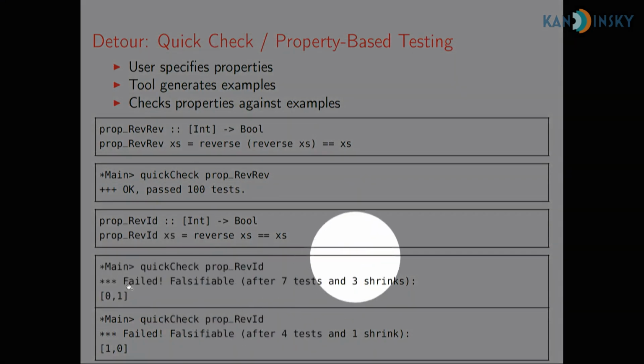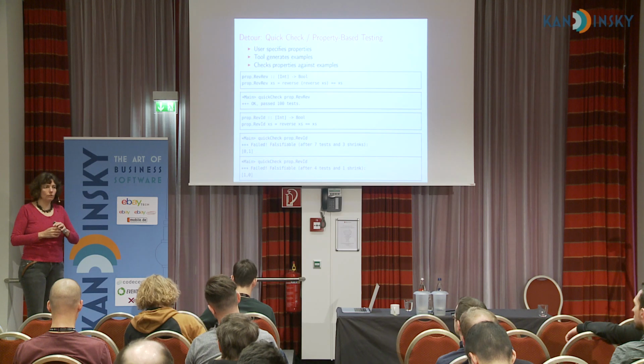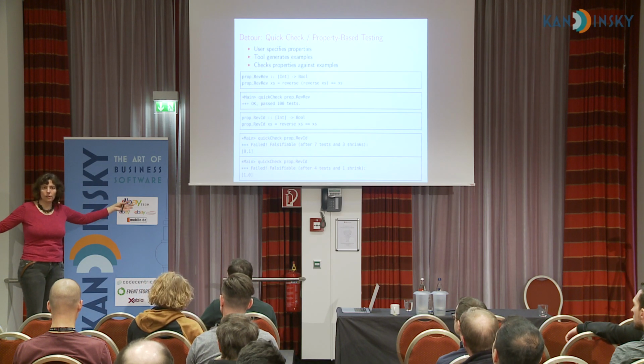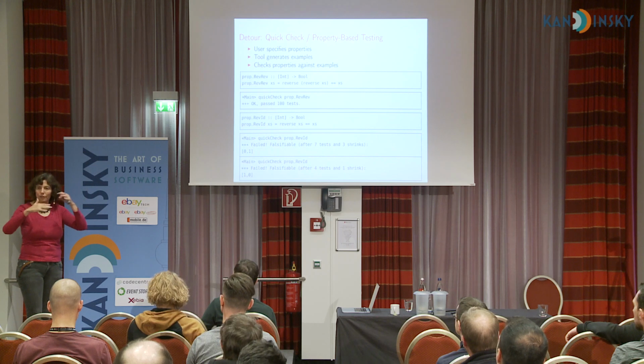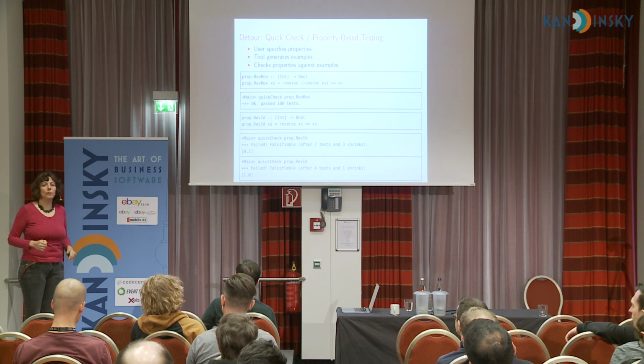So the shrinking is a really interesting aspect because even if it has a large data structure, it tries to minimize it as much as possible while still breaking the property. So that you don't get a list of 100 items in there and then you have to figure out why actually did this break, but it tries to give you a minimal example.